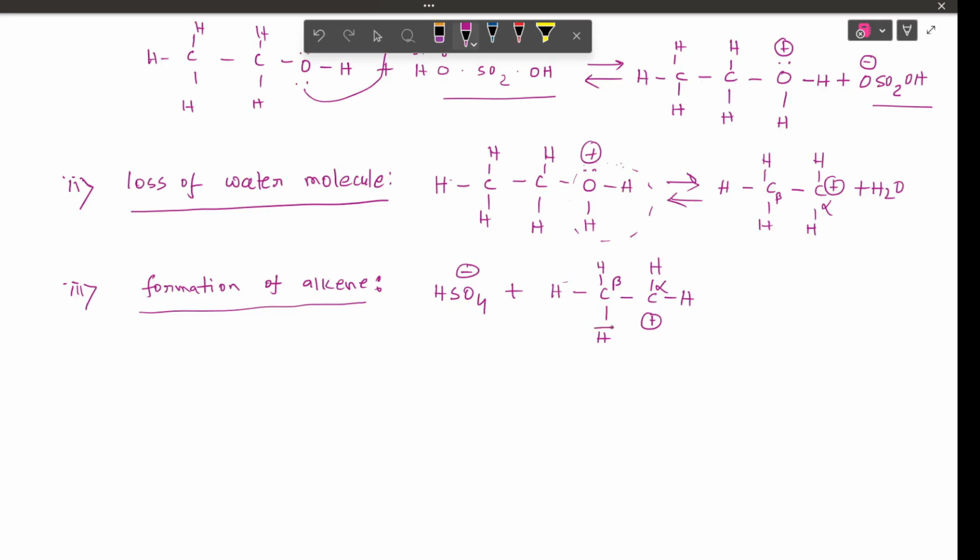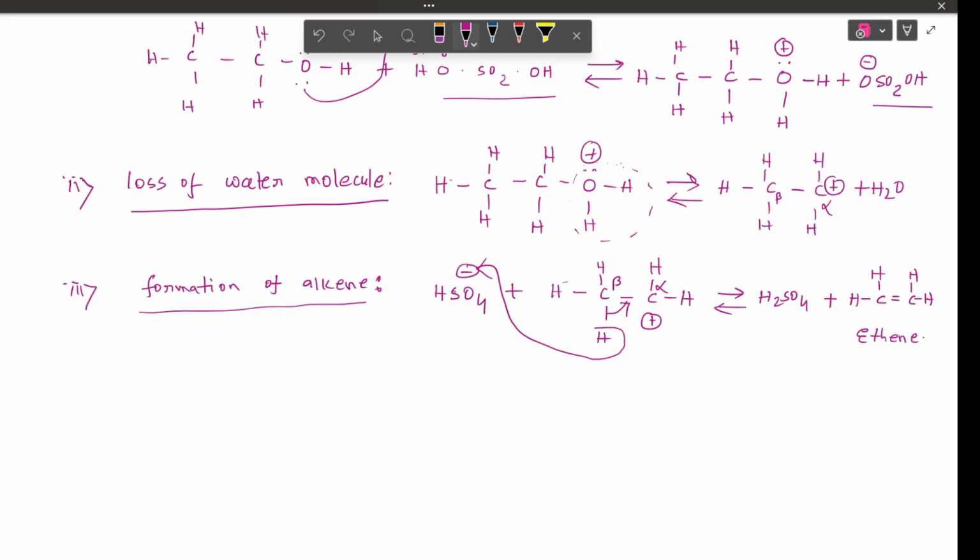This hydrogen will attack the negative charge and this bond will go in this way. So if H is attached, it will be H2SO4, plus we will remain with H, CH double bond CH, and H. This is your alkene, that is ethene.